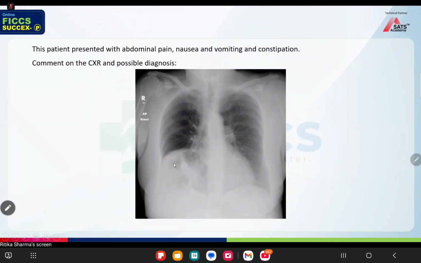Read the question again. There is a hint. Abdominal pain, diaphragmatic tenting. Abdominal pain, nausea and vomiting and constipation. It seems like there are bowel loops. Because your diaphragm is this one, right?